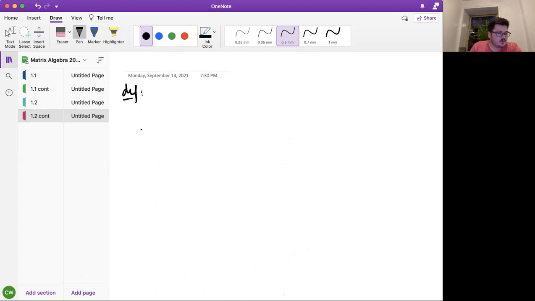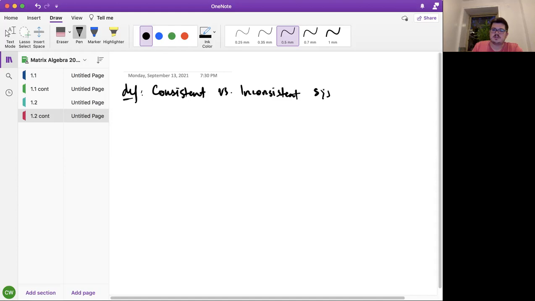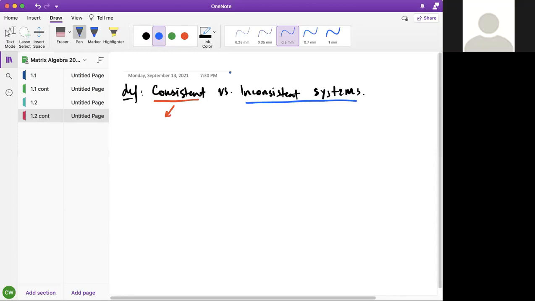We've talked about this, but I'm not sure if I have exactly defined it. If you've done the homework, I think you've figured out what the definition is: a consistent versus inconsistent system. Can someone say what the definition is? What does consistent mean? Has a solution.